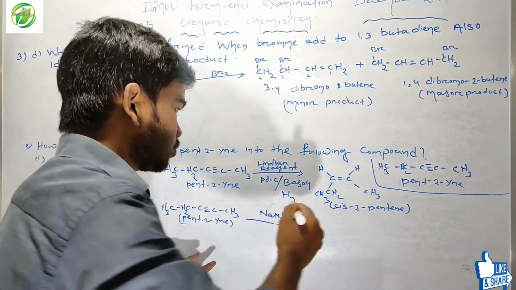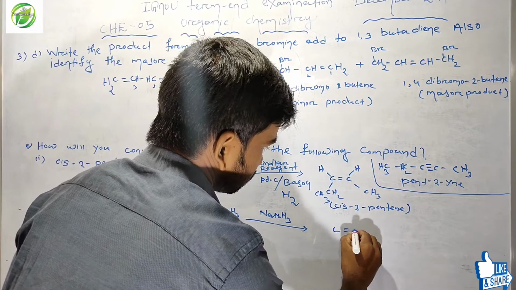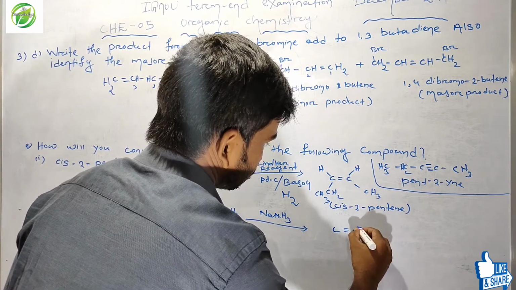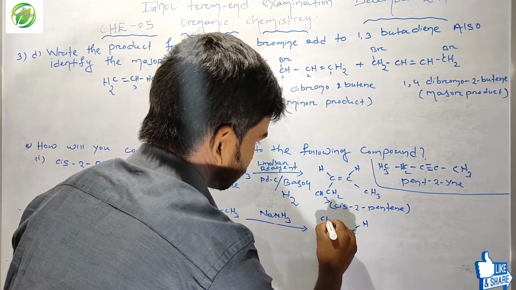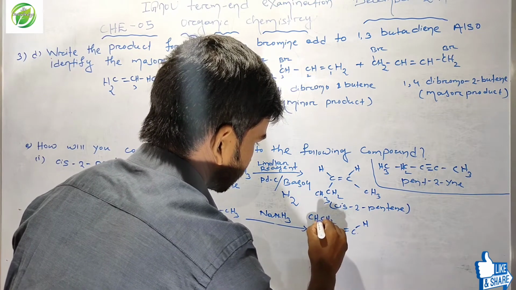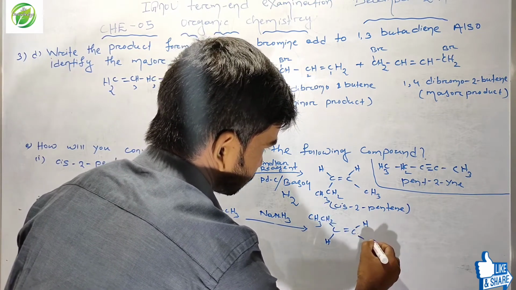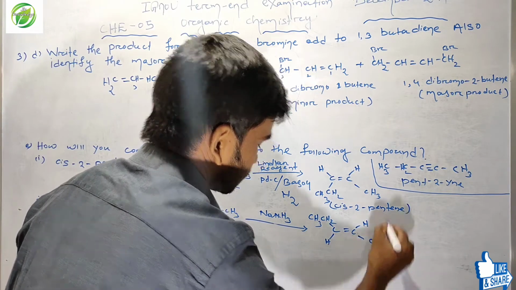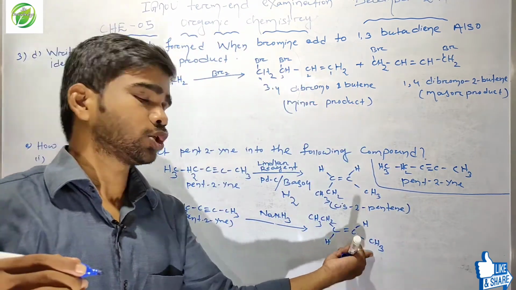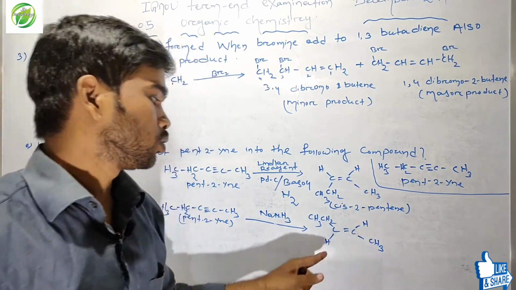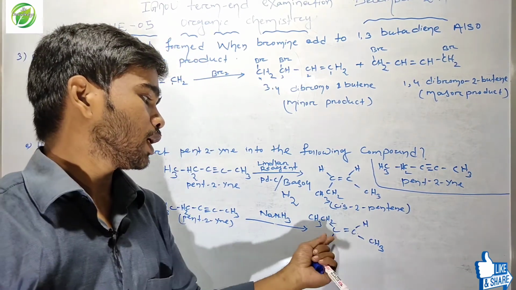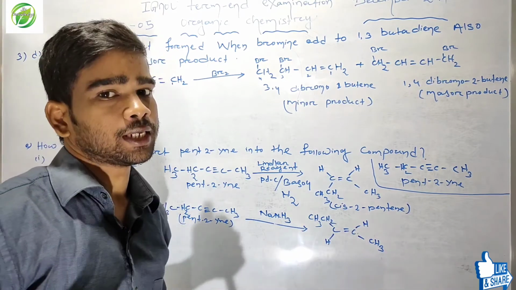The structure of trans-2-pentene, that is... friends, this structure is trans because these two lower priority groups are attached to the carbon double bond on opposite sides.